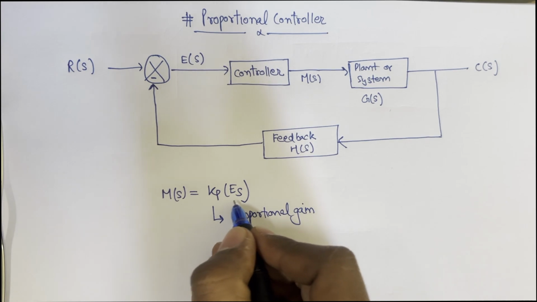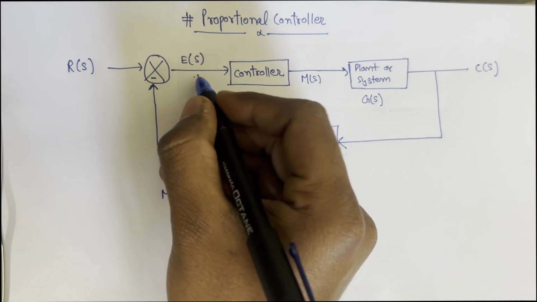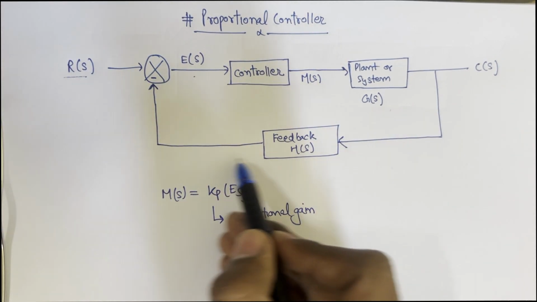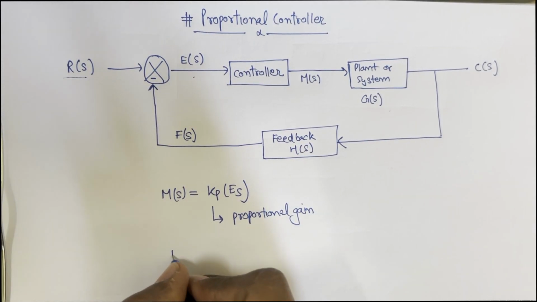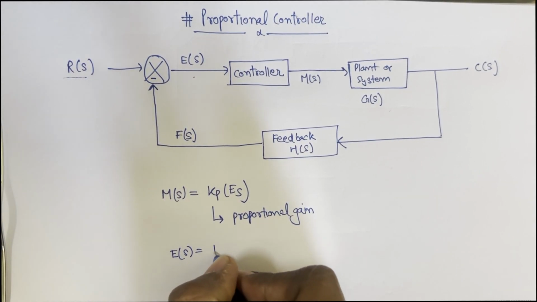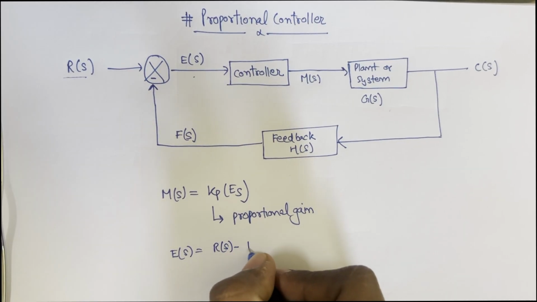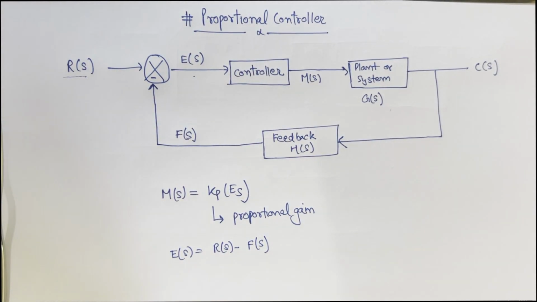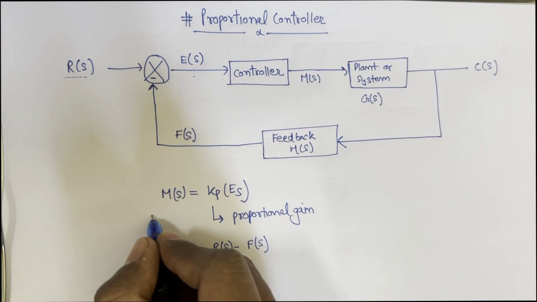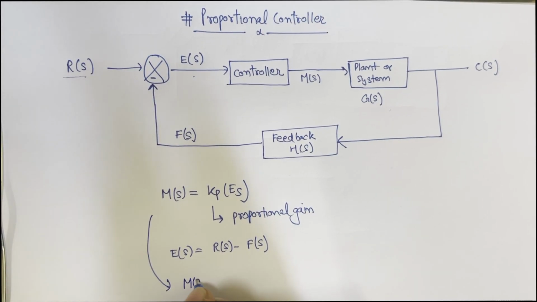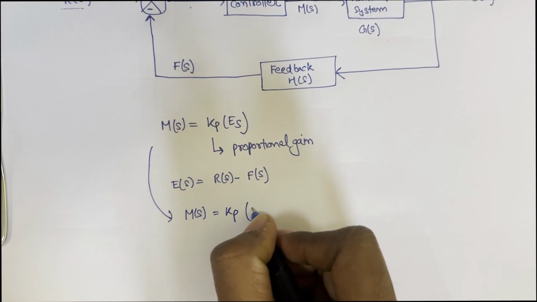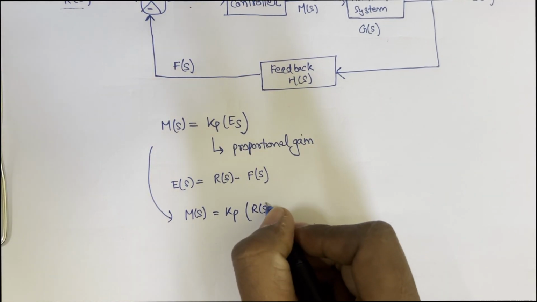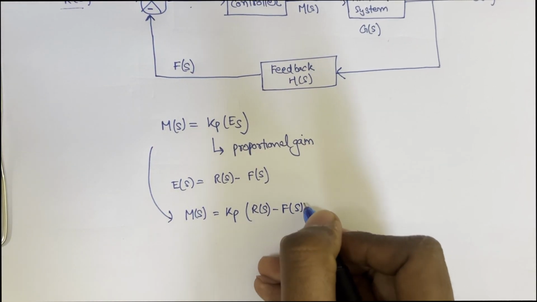Now, this error function E(s) can be represented as R(s) minus F(s), the feedback signal. Okay, E(s) is equal to R(s) minus F(s). Now we can write this M(s) as Kp into R(s) minus F(s).